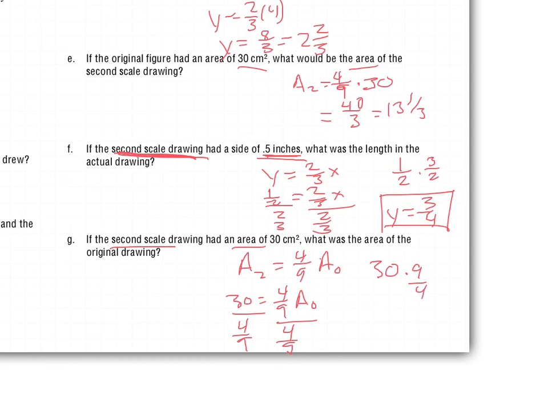Doing some simplification here, this is going to cross cancel: 15 times 9/2. 15 times 9 is going to be 135/2.